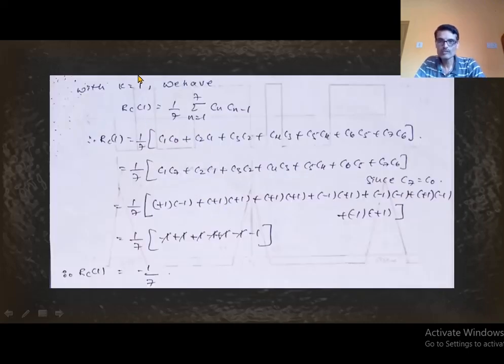For k equal to 1, it is Cn and Cn minus 1. So C0, in this case C1, if I substitute the values of n and take the summations, n equal to 1, C0 C1, plus C2 C1, C3 C2, go on doing this, C7 C6. Why is C0 here? Because it is periodic. There is no C0 here, right?